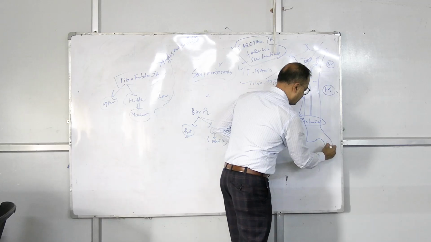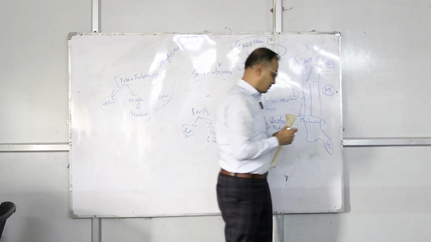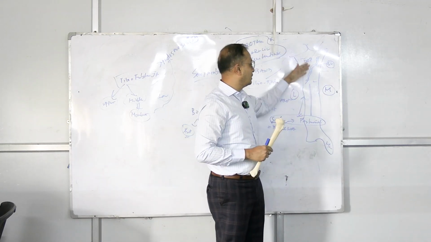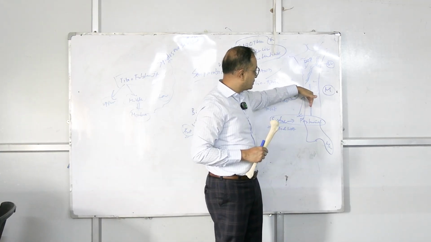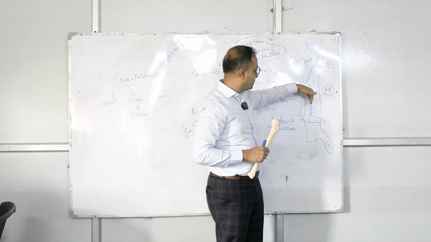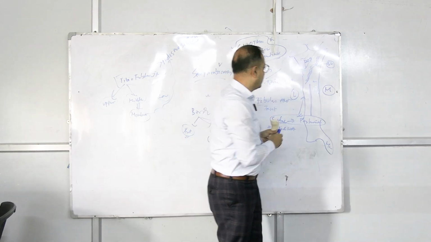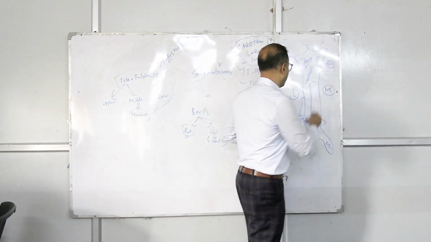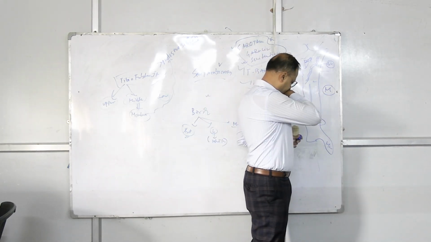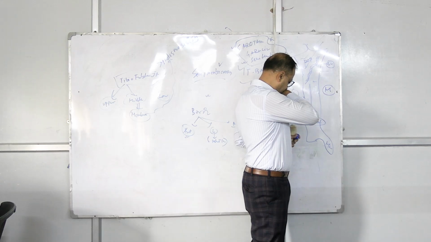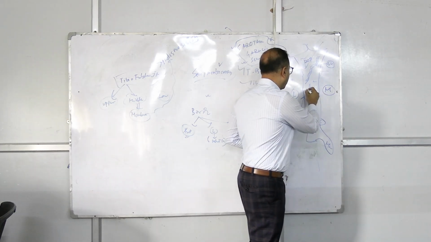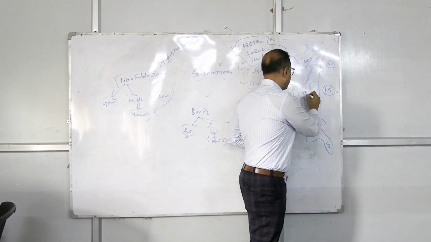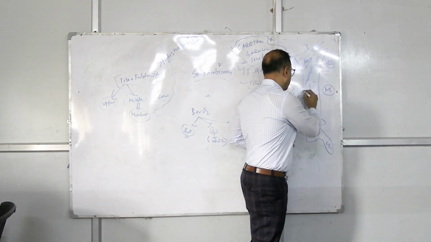This splits the space under the soleal line into a medial half and a lateral half by a vertical ridge. On the medial side we have a muscle known as flexor digitorum profundus, and on the lateral side we have a muscle we call tibialis posterior.